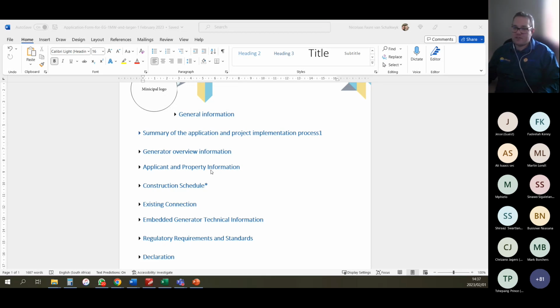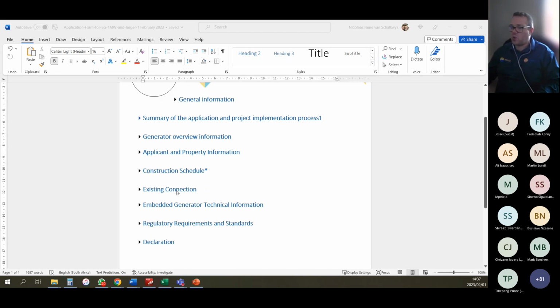Applicant and property information, very similar to the SCCG form. There's a construction schedule, a very short section, just so that you know planning-wise when they plan to install and commission. Details on the existing connection, the embedded generator technical detail information. Sorry, I think I'm confusing these two with each other. I think that's the one that's a little bit more detailed. We'll see it just now.